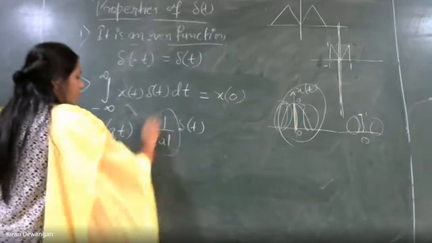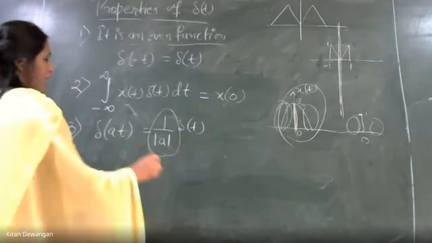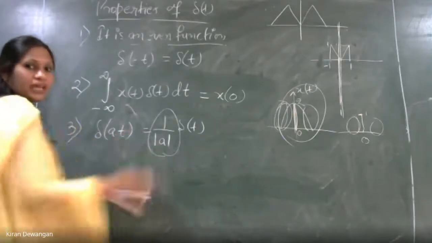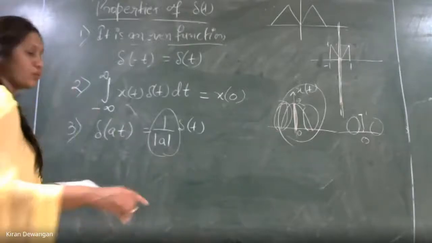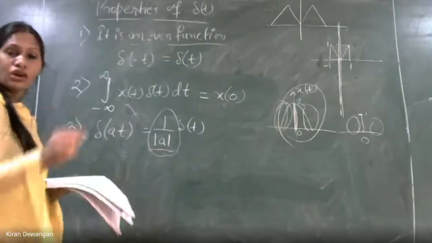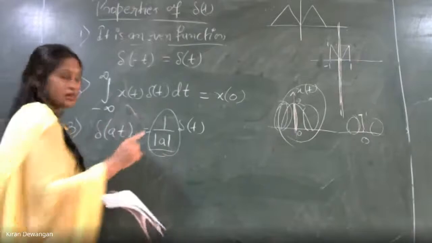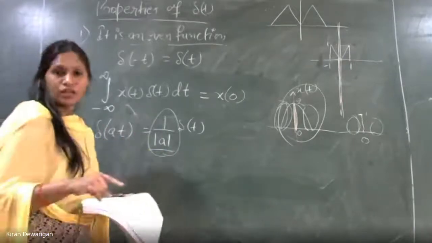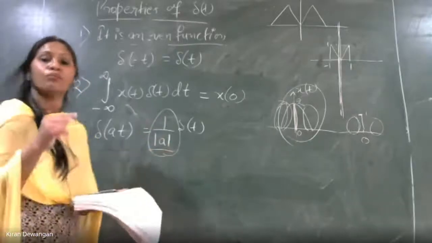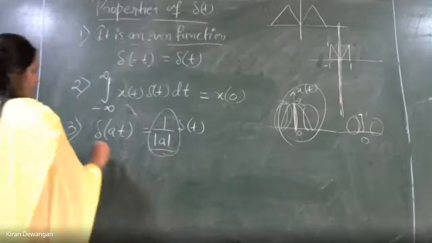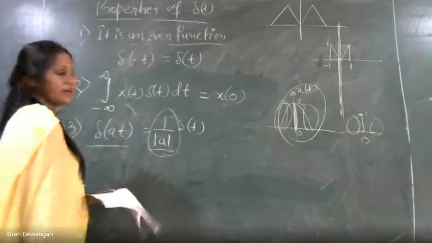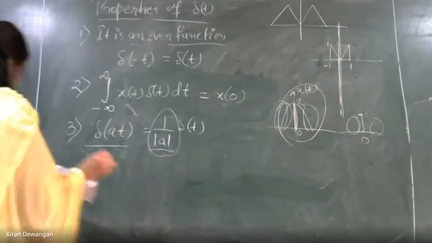So 1 by mod a is an important term and this is always taken as mod a, because whether a is any positive value or any negative value, it is just taking the mod of a, it's not taking the normal a. That is the difference. Okay? Mod of a means if the value is -2, -3, -4, it will take just 2, 3, 4 because it's mod a. Clear? So del of at is 1 by mod a del t. Clear? That is our third property.